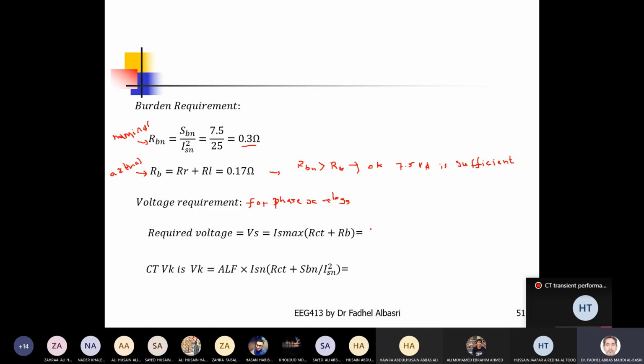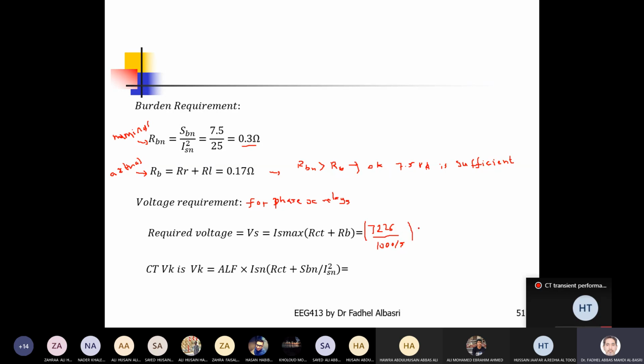If you substitute this, the answer is: 7,226, this is I fault, divided by the CT ratio, which is 1000 over 5. That gives me the secondary current, right?